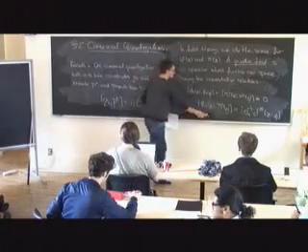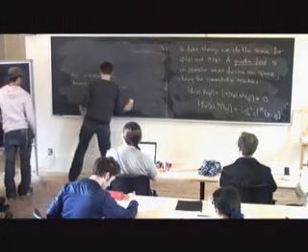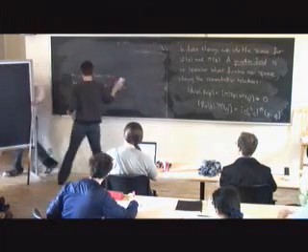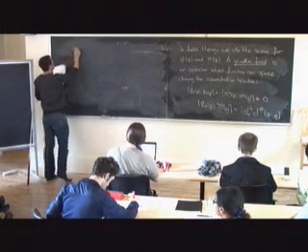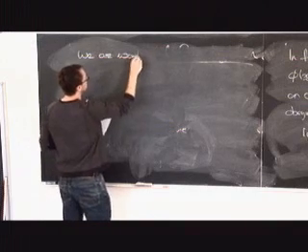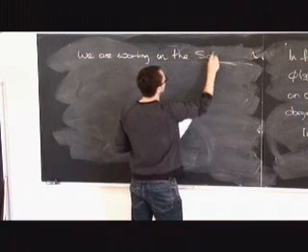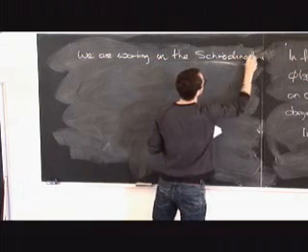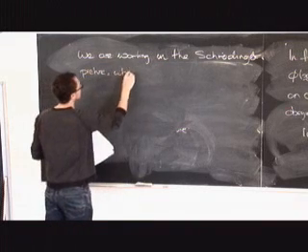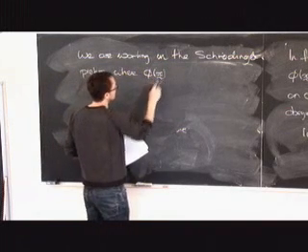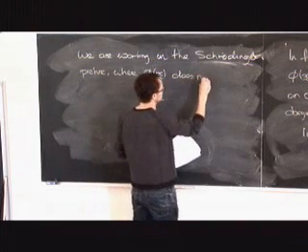Let me just write down this issue about the Schrödinger picture because it's important. So we are working in the Schrödinger picture, where phi of x depends on space but does not depend on time.